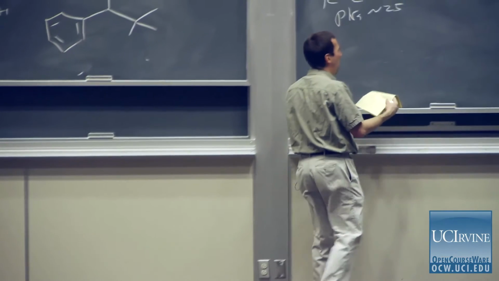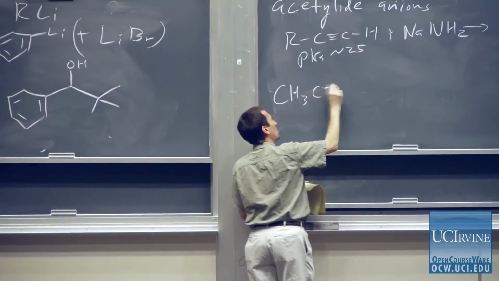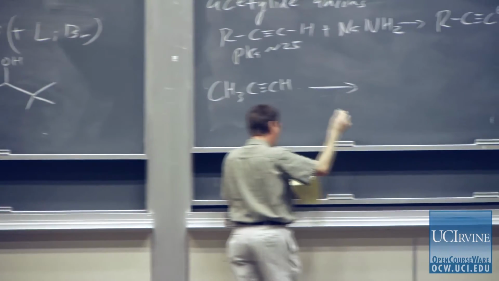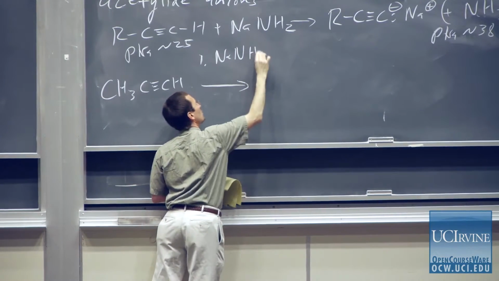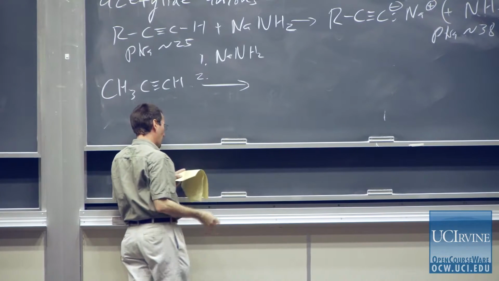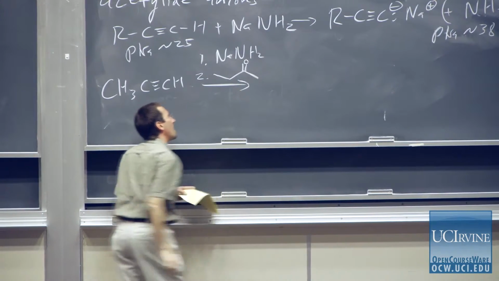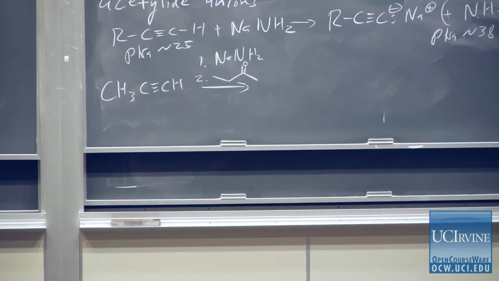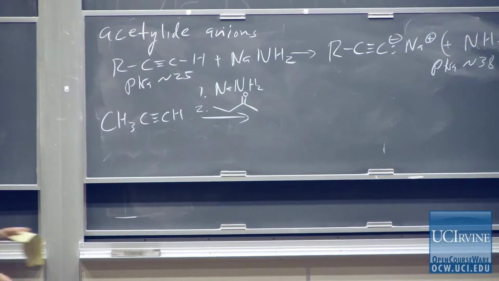And I'll write a synthetic equation here in which I say take propyne, I treat it with sodamide, NaNH2, which you can make by dissolving sodium metal in ammonia with a little bit of iron, and it reacts to give sodium amide. And for the heck of it, again, I'm just trying to give us a range of carbonyl compounds, I'll take 2-butanone.